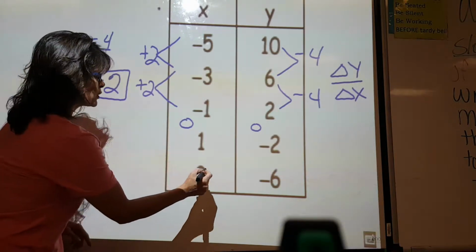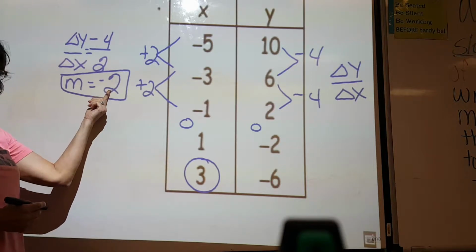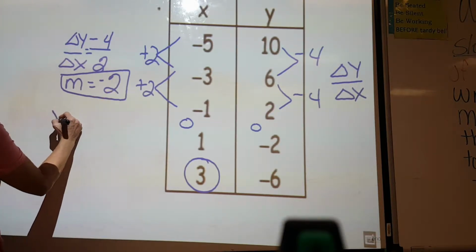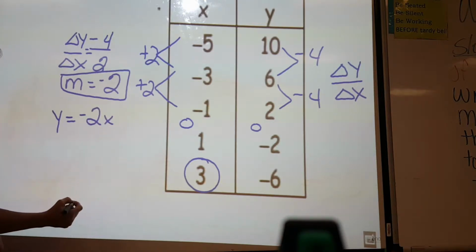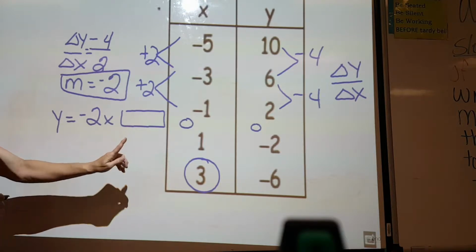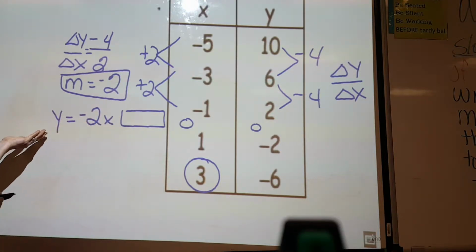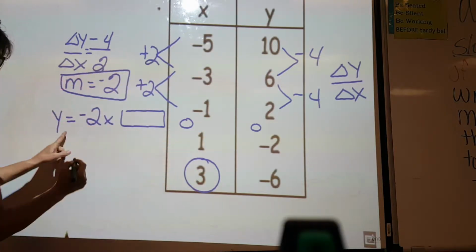So we are going to substitute an x value in the part of our equation that we know. So we know so far that y equals -2x. And then we know we need to add or subtract something, and then we'll have our y. So x is going to be 3. X is 3.